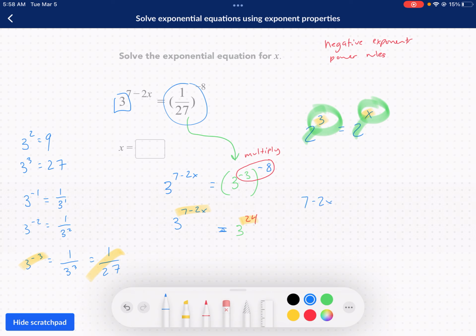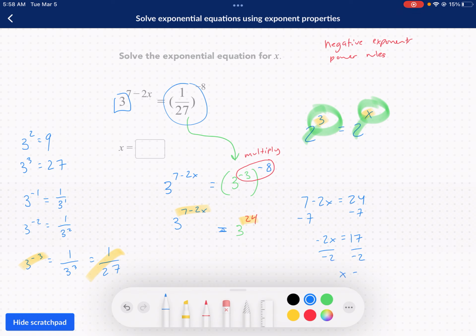Let's solve for them just like a two-step equation. So I set it up. 7 minus 2x equals 24. I'm going to first subtract 7 from both sides. I have negative 2x equals 17. And then I'm going to divide by negative 2 when I'm done.